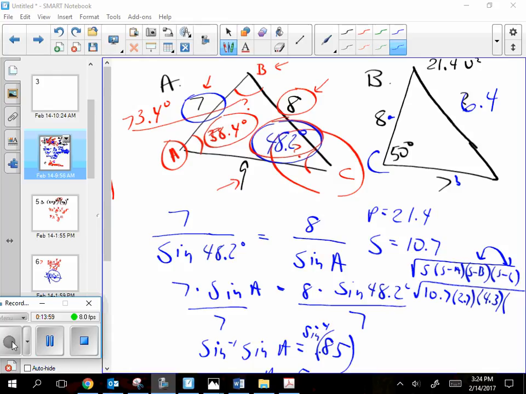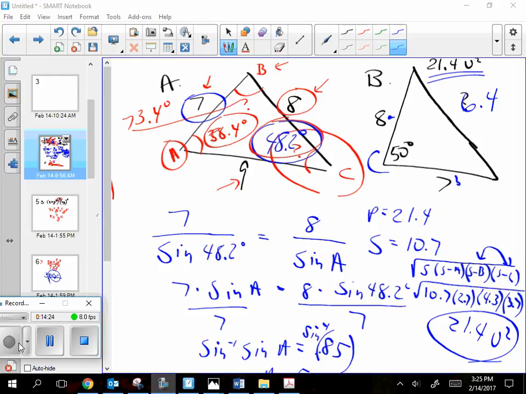So now I'm going to take my 10.7 and subtract 7, which is 3.7. Put it all together and take the square root of that big product, and we get 21.4. Thank heavens, the same thing we got before. I was really hoping after all that work it wouldn't come out to be wrong.